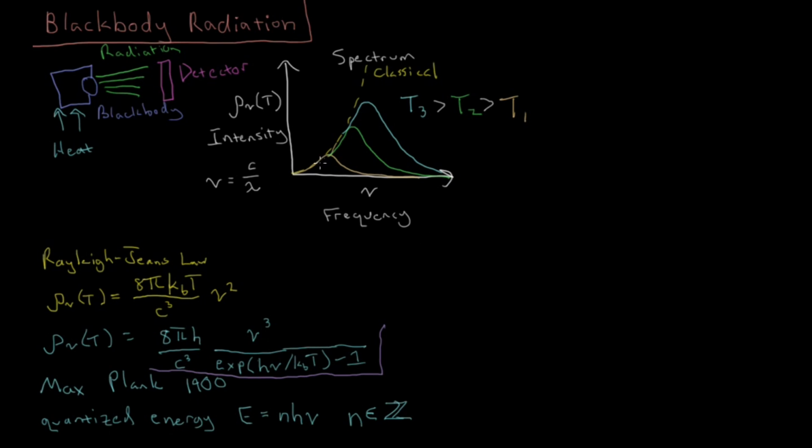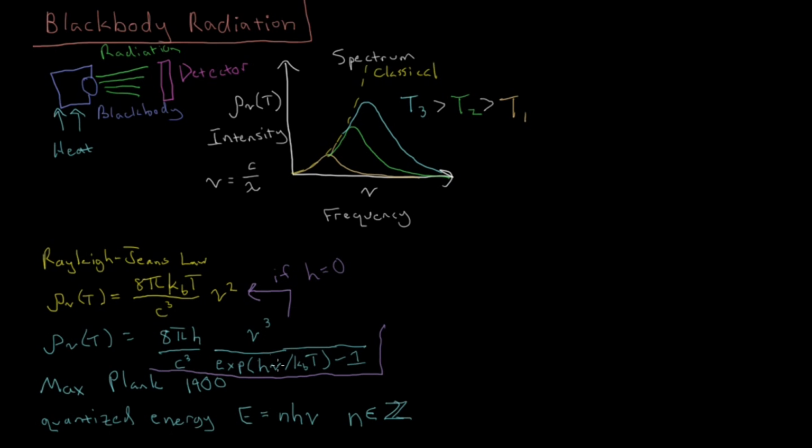If you look at that, you'll get a function which similarly goes up initially. If you do a Taylor series of this and you set h equal to 0, you'll notice that setting h equal to 0 will pretty much reproduce the classical curve. Planck's equation will become the Rayleigh-Jeans law if h equals 0.